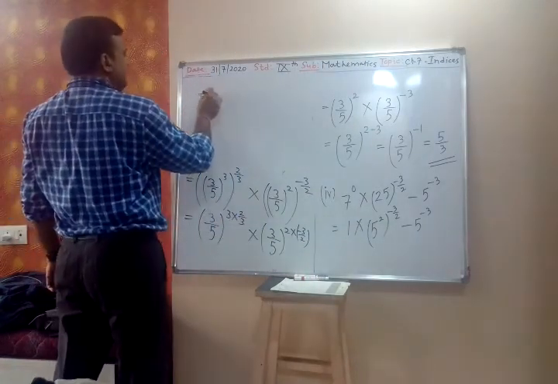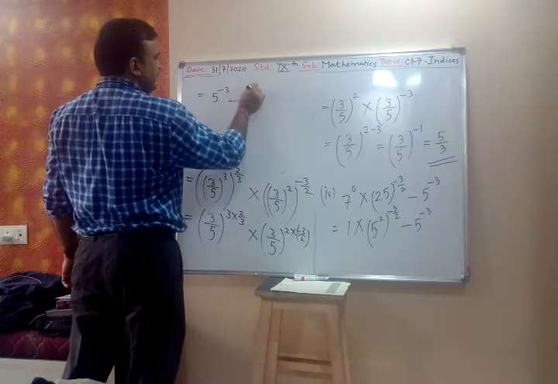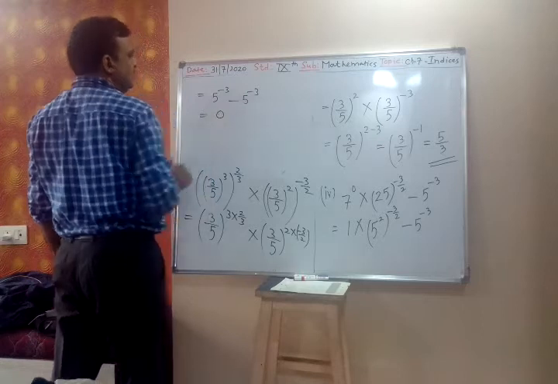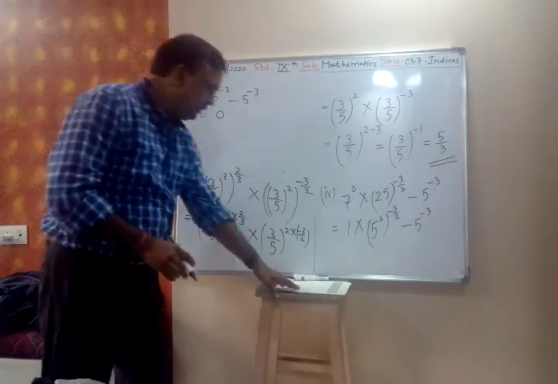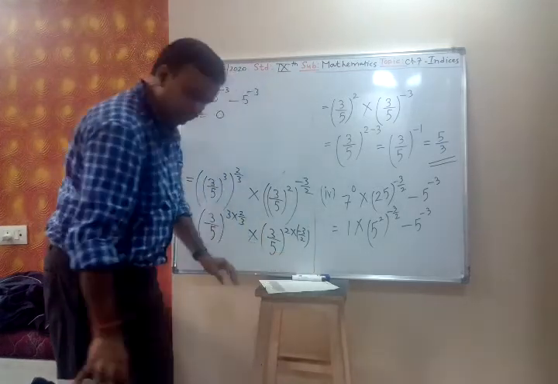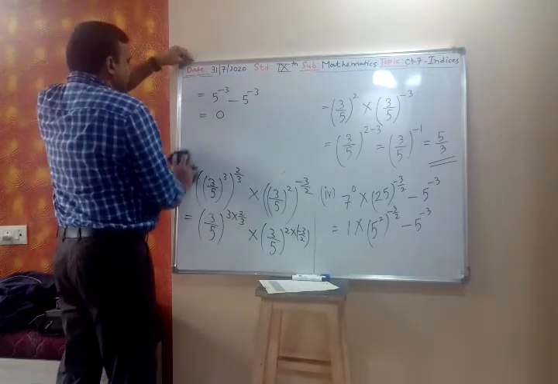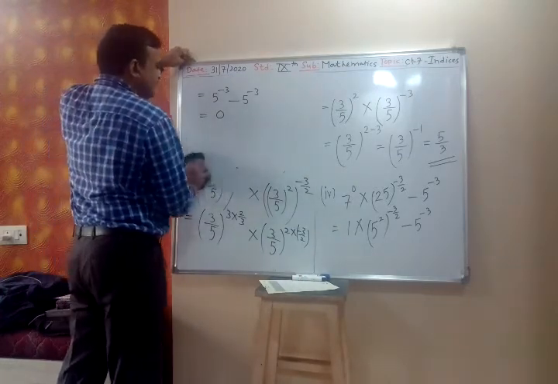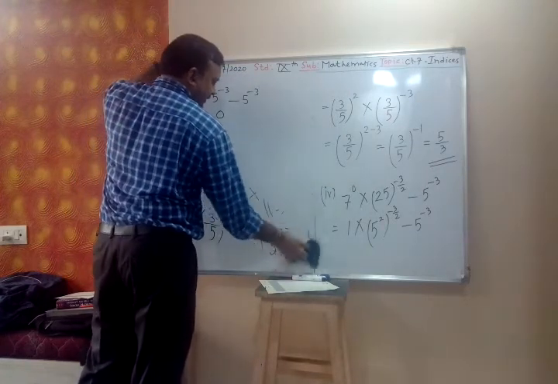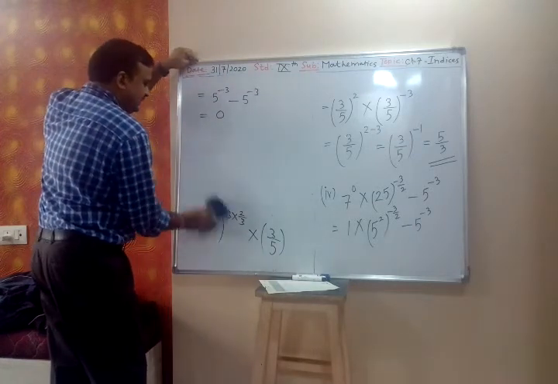So that becomes 5 raised to minus 3 minus 5 raised to minus 3. Same number, a minus a, it becomes 0. A minus a is 0, that you studied in 5th standard, 6th standard. If the variables are same, a minus a is 0.